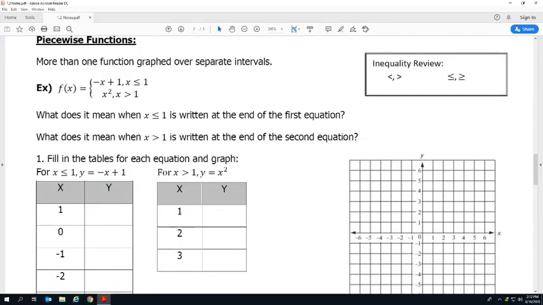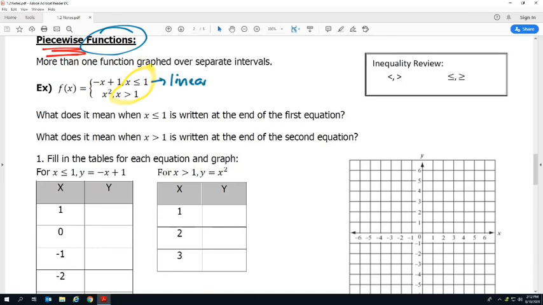Okay, piecewise functions. Basically, when you're graphing piecewise functions, what you should be thinking about is that you're graphing more than one function on the same graph. And again, you want to keep it a function, so you've got to limit your domain. And we do that using this notation right here. This is telling you what domain you can graph each function over. So this first one right here, we're graphing a linear function.